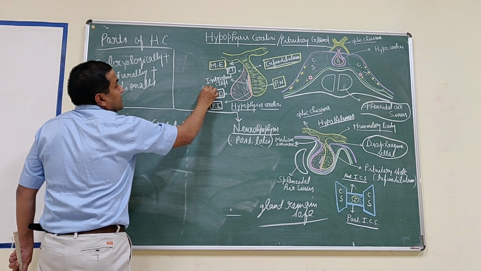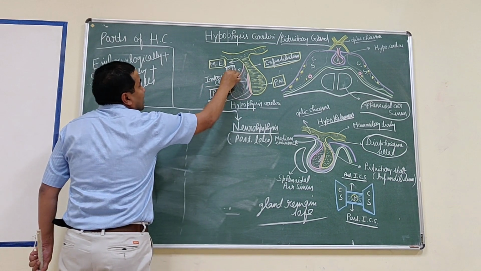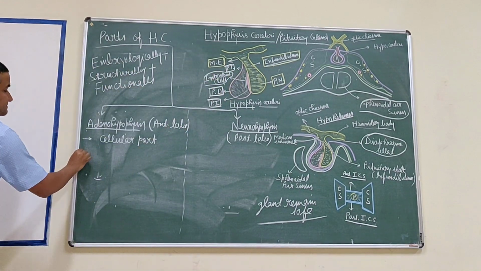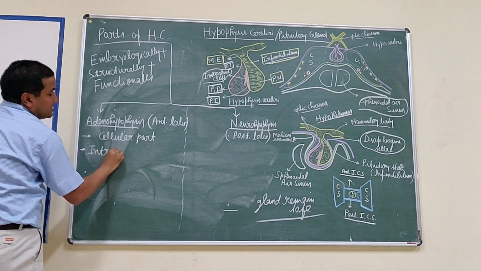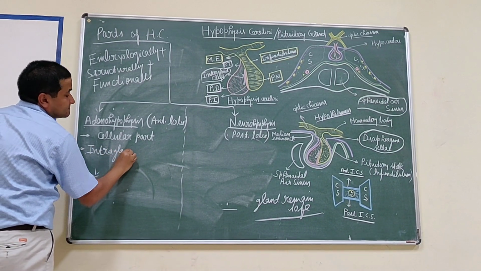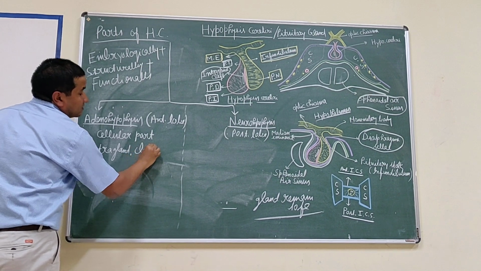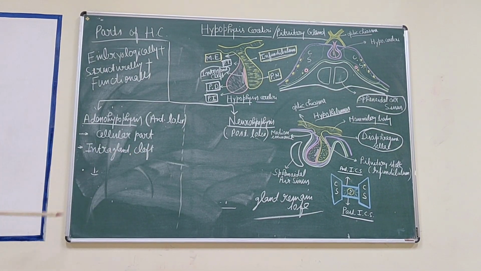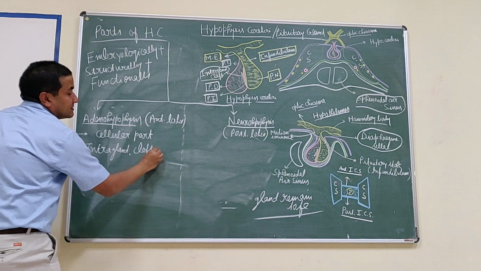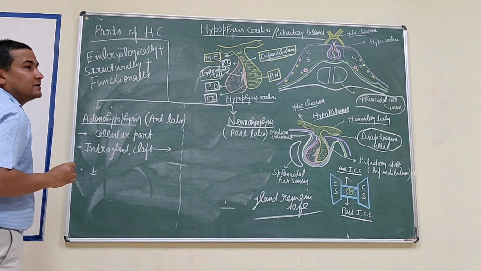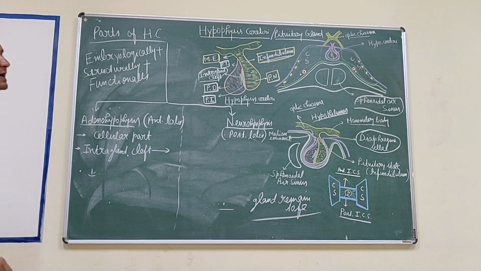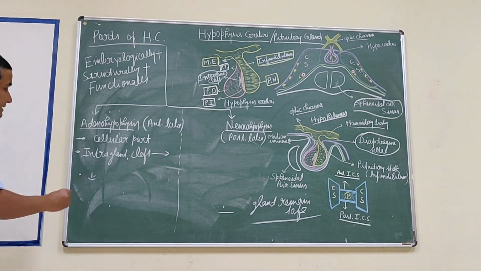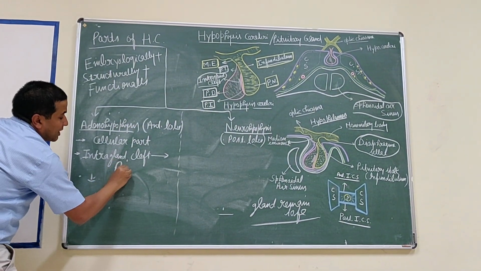This pouch is known as the intraglandular cleft. What is the intraglandular cleft? This represents the persistence of the structures from which the anterior part of the pituitary gland is developed, that is the Rathke's pouch.